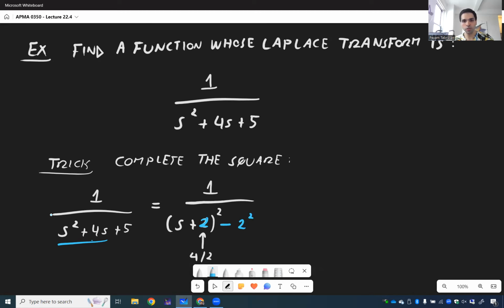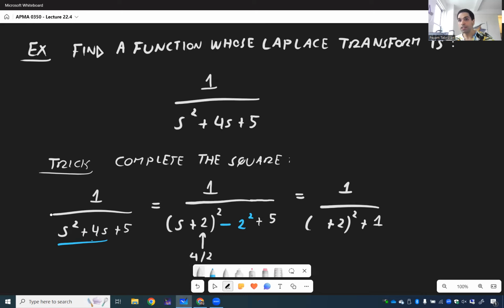So s plus 2 squared minus 2 squared, and there's still the 5. So once again, s plus half of that coefficient 4, so 2, and you remove that, so minus 2 squared, and you still have plus 5, and you get 1 over s plus 2 squared plus 1.